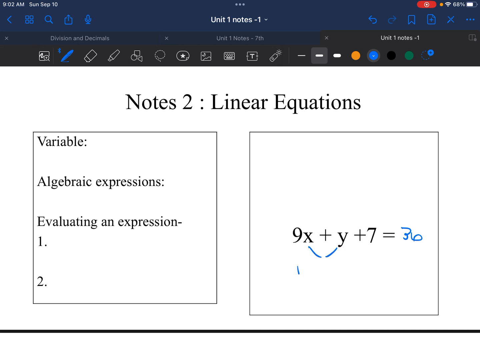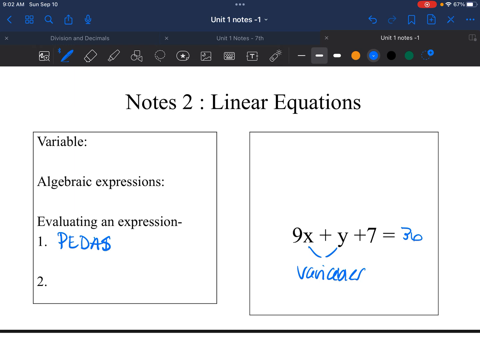X and y are our variables. They are letters that we put in place for specific numbers. Oftentimes x and y are used when we are graphing points on a coordinate plane. When we are evaluating expressions, we do PEMDAS, but we do it in the reverse oftentimes because that makes it easier. So you still do your PEMDAS.